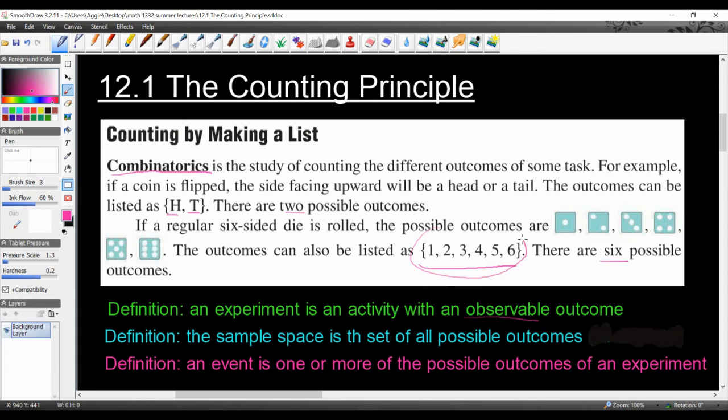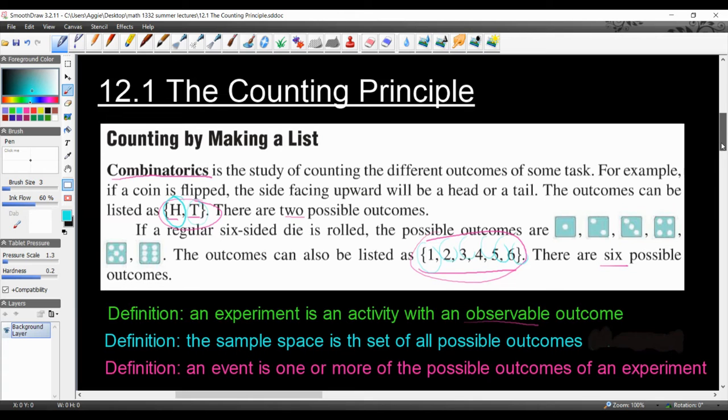So this right here would be a sample space, and this would be a sample space. And finally, third definition, an event is one or more of the possible outcomes of an experiment. So the event that if I flip a coin it gets heads, that's one of the events. Tails is another event. Each face is another event for the die problem.